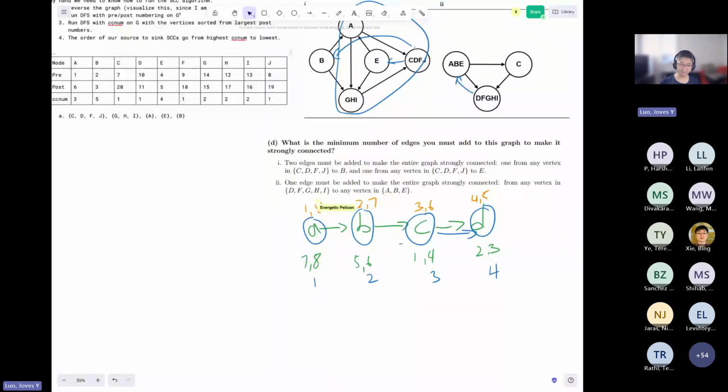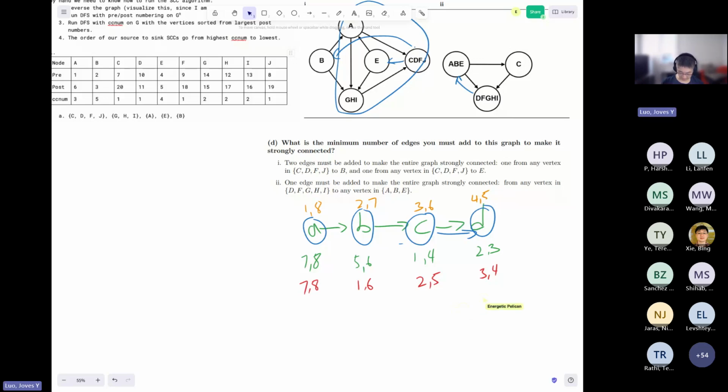The ordering doesn't change, right? My post number ordering doesn't change. Okay. Now, what if we started from say B? If I started from B, right? Doesn't matter. My post number ordering, still the same.